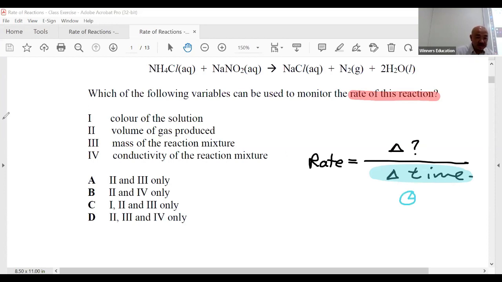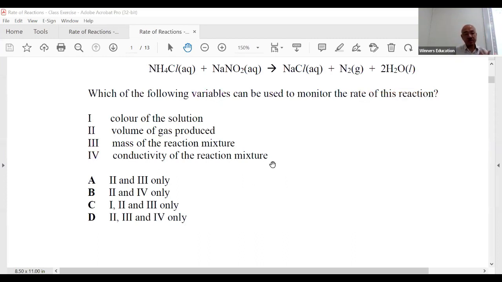So the question is asking which of the following variables is trackable and observable, such that you can press your stopwatch, start, and then end it. That is the question they are asking, so that we can discuss the rate itself.